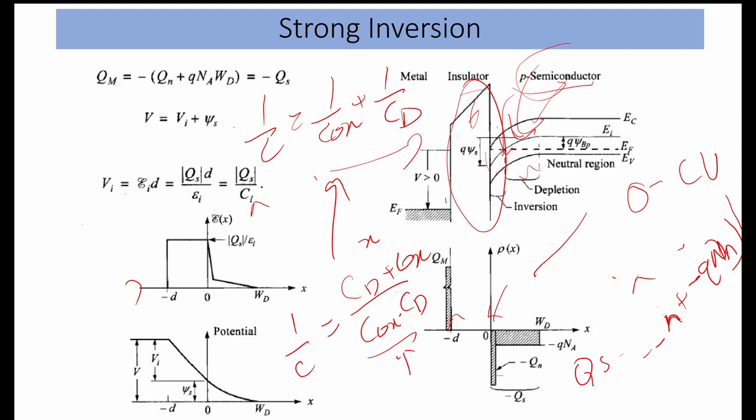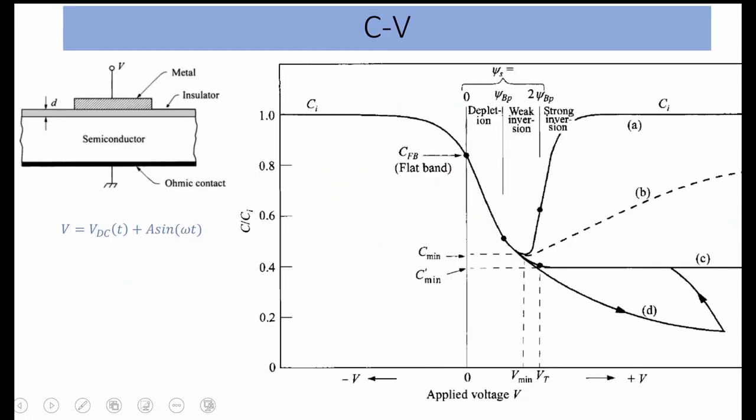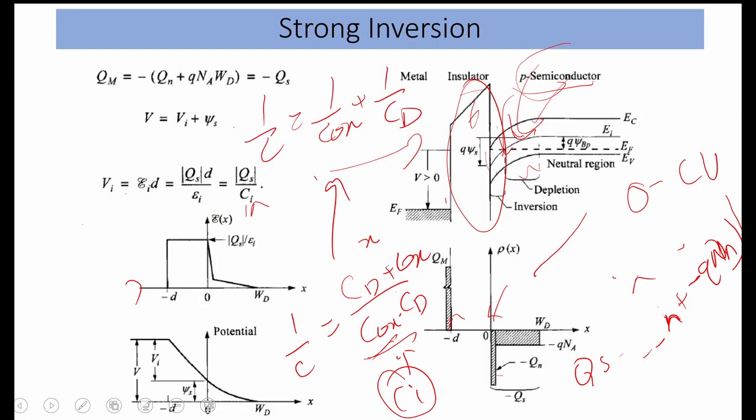Here we have assumed this is CI, instead of COX you can write CI also. So from there what you will get is C by COX is equal to CD divided by CD plus COX.